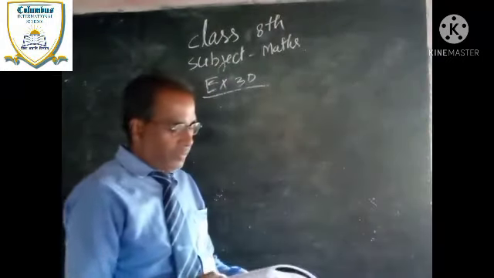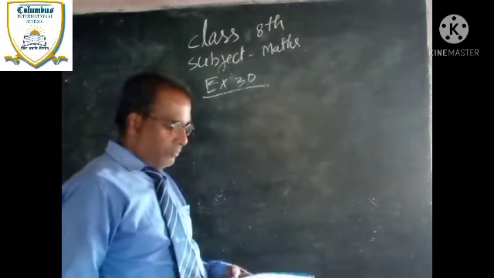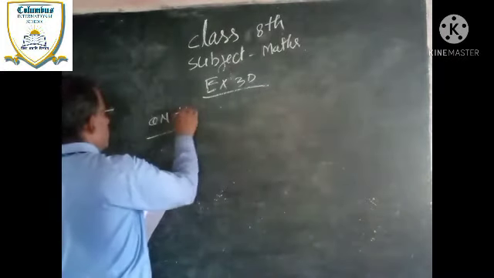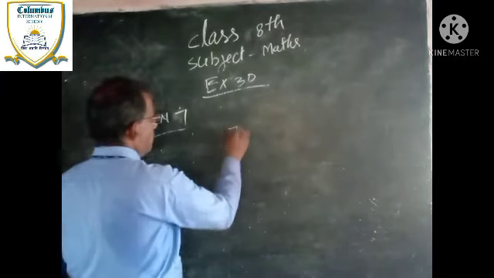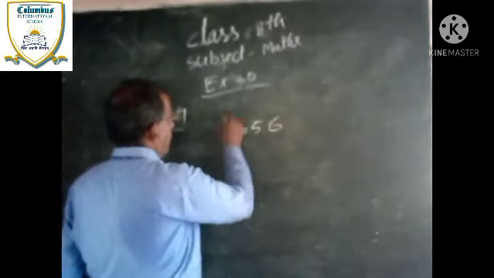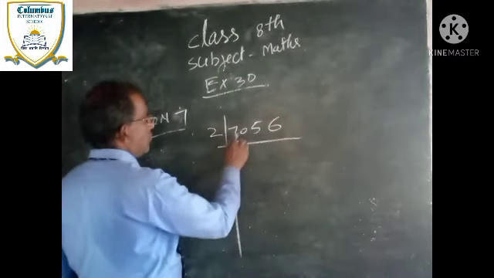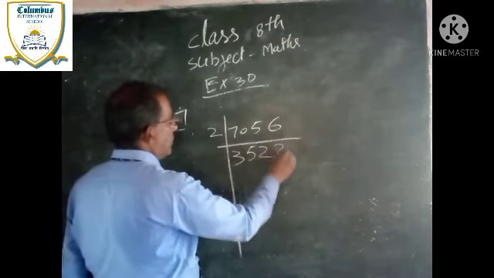Now question number 7. 7056. It is divisible by 2. 2 threes are 6, 2 fives are 10, 2 twos are 4, 2 eights are 16.